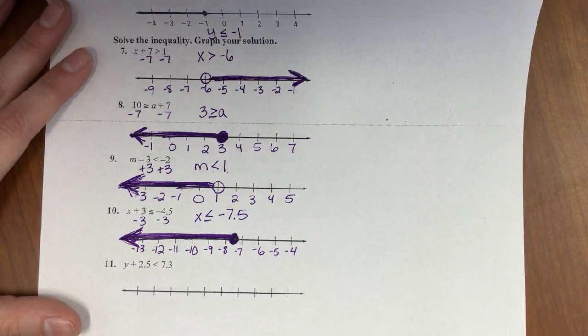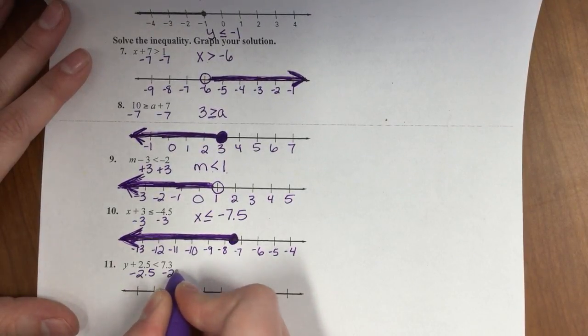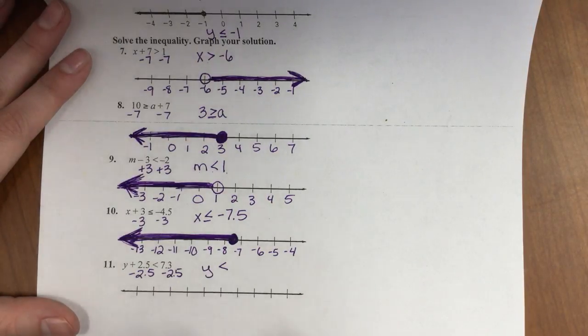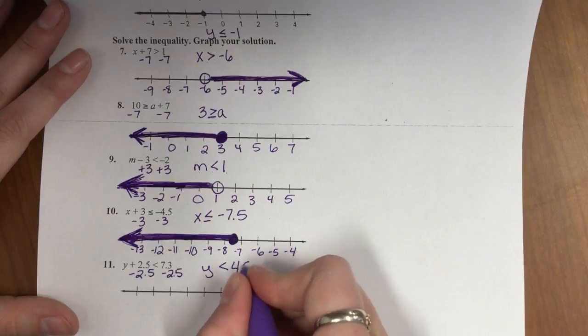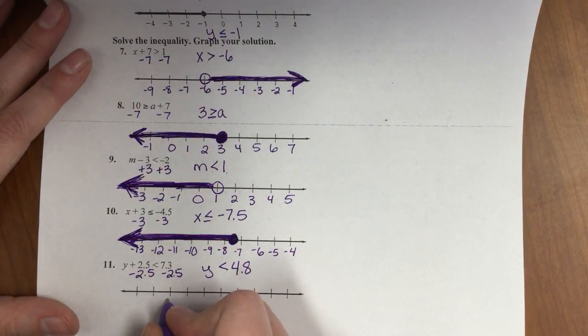Told you to try it on your own. So minus 2.5, minus 2.5, y is less than 4.8. Okay, so let's make it not go by ones.